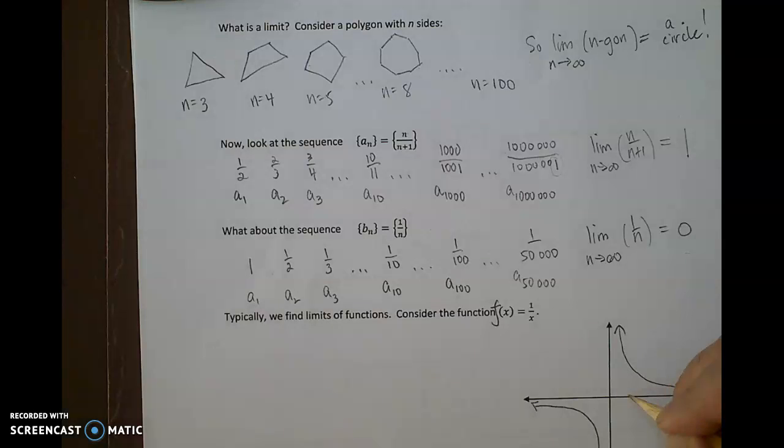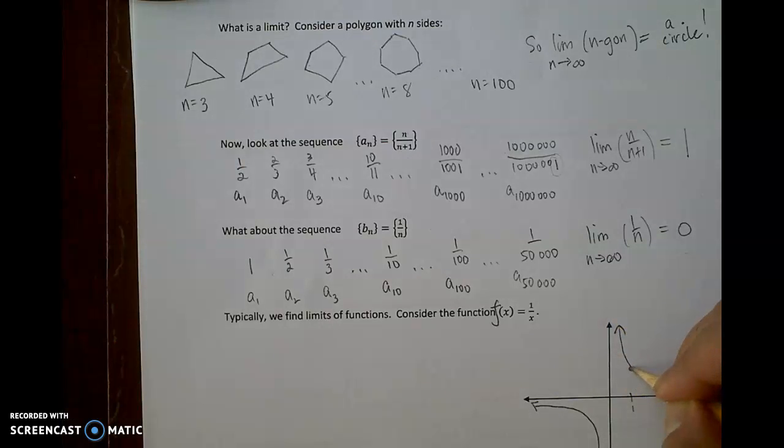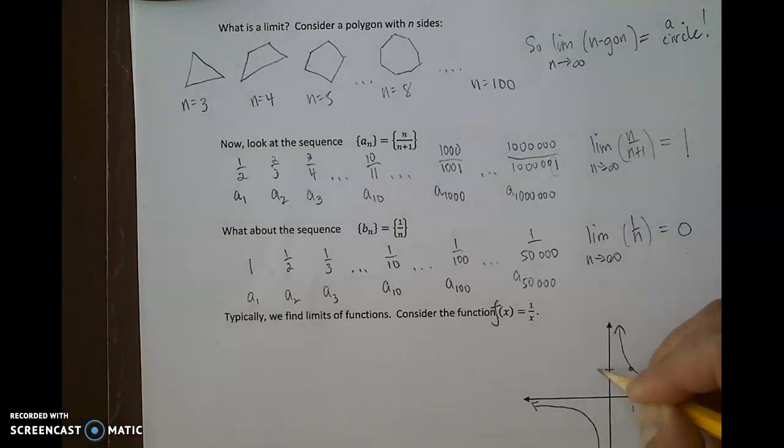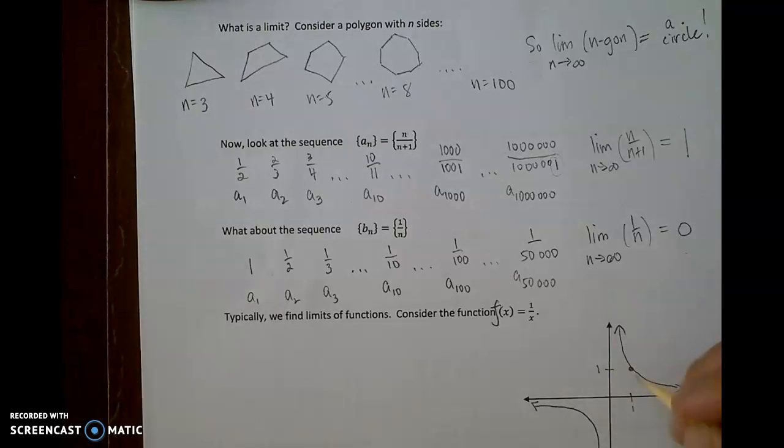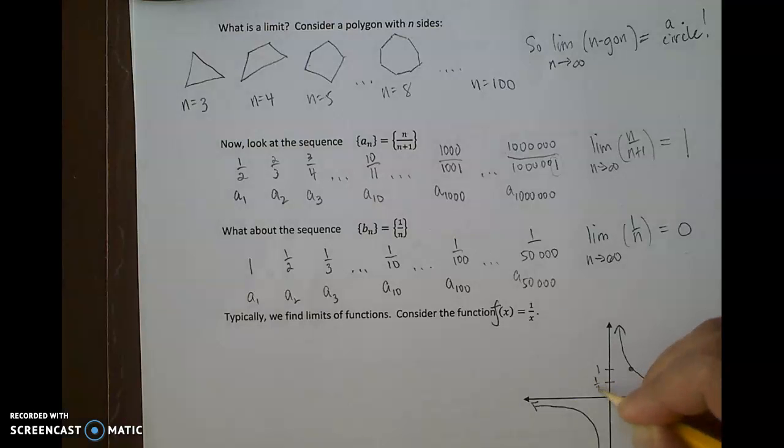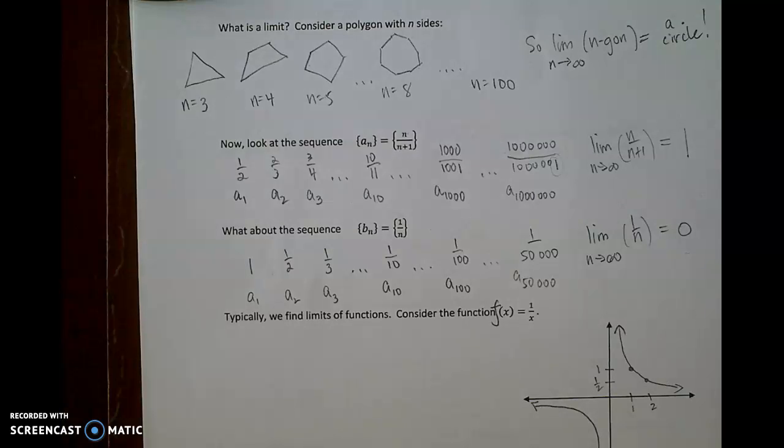When x is 1, we plug 1 in for x, the output is 1. When I plug 2 in for x, the output is 1/2. So again, this is the graph for 1 over x.